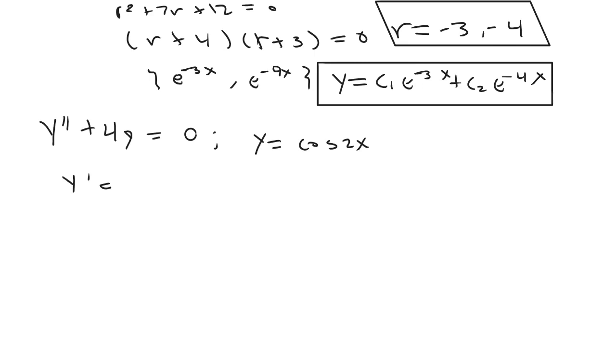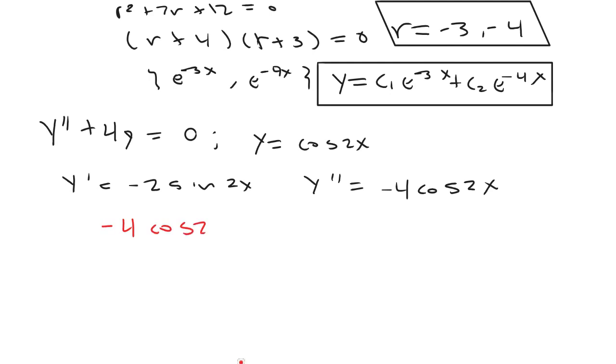Well, y prime equals negative 2 sine 2x, but y double prime is equal to negative 4 cosine of 2x. This means that if I substitute y double prime with minus 4 cosine of 2x, and I add it to 4 times cosine of 2x, this equals 0, so you get 0 equals 0, which is a true statement.